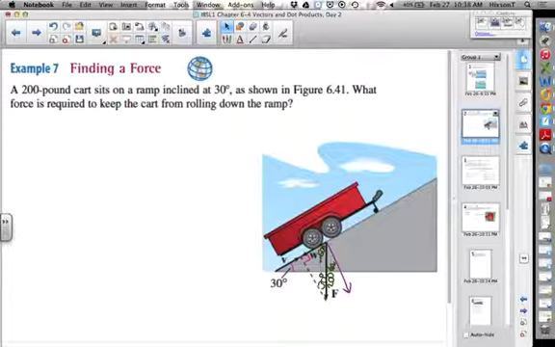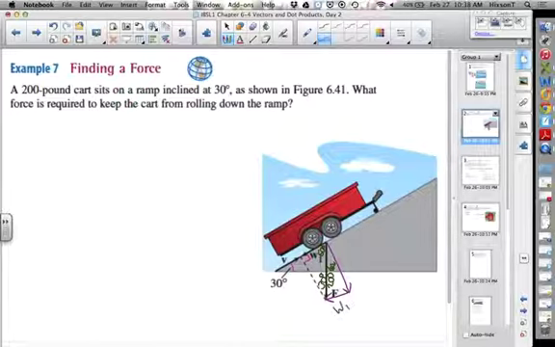We're going to find that with our right triangle here, because this right here is the W1, which is how much force is pushing the cart down the ramp. Okay? It's a 30, 60, 90 triangle.